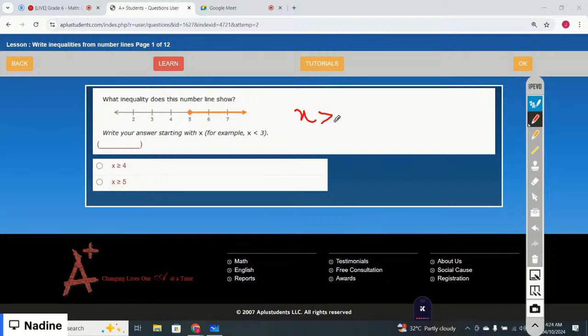So, x is greater than or equal to 5. The correct option is option number 2. Very good.